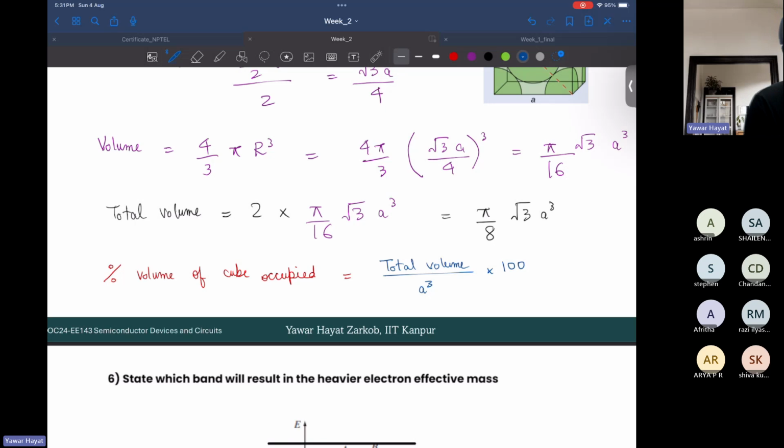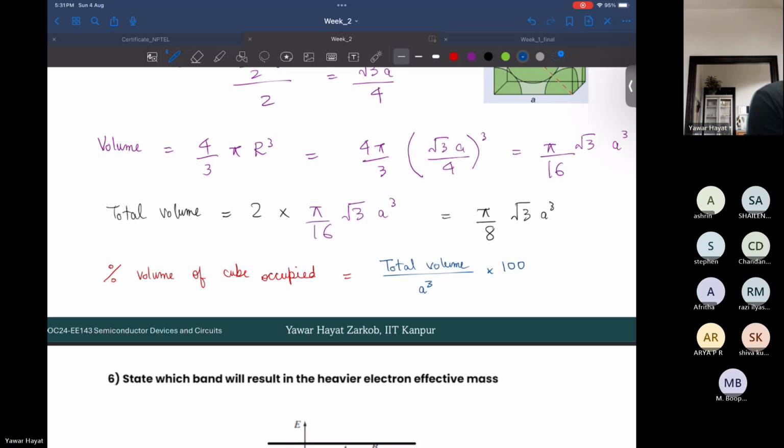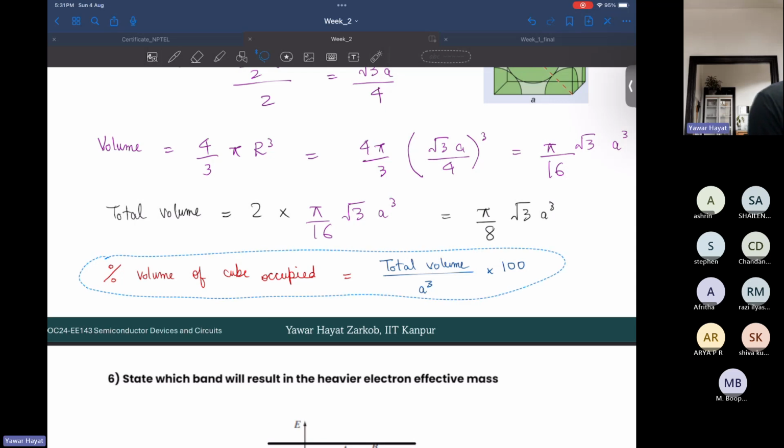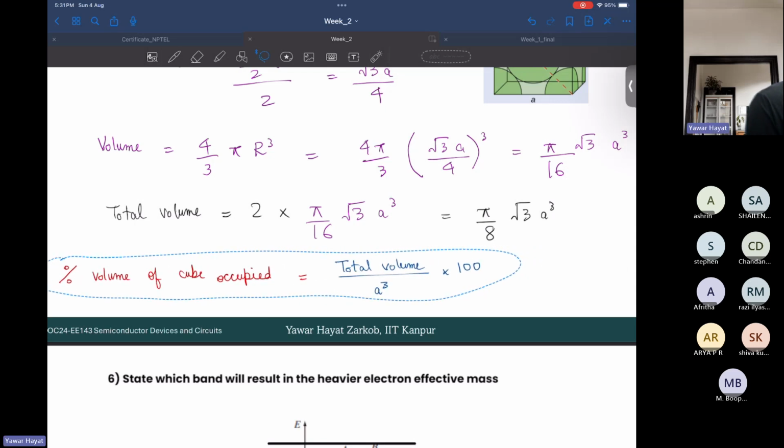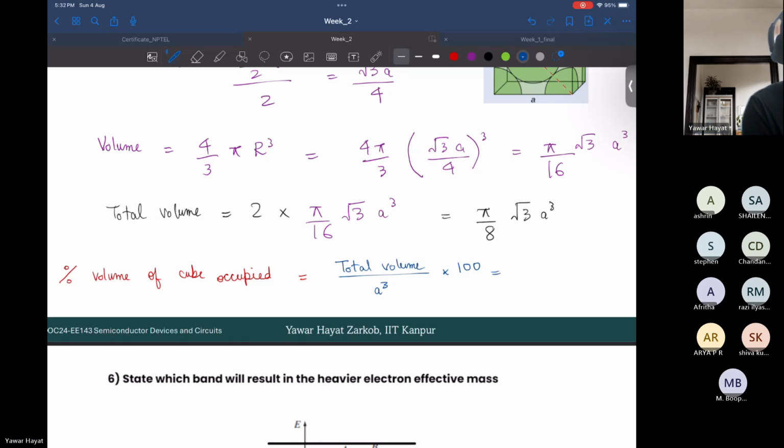Right. So what would this be? Let's try to fit this in this page itself, right? Let's not waste another page. This would be pi over 8 root 3 times 100, right?